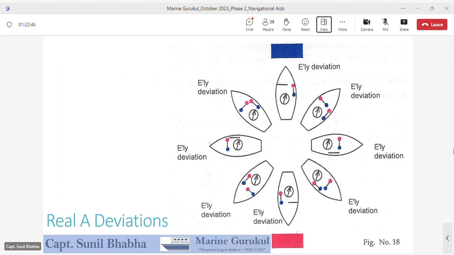Let us now try to understand the deviation generated on 090 heading. We take the ship on 090 heading and try to understand what deviation is generated. Now you see when the ship is heading 090, the fore and aft longitudinal is heading in the east-west direction and it is now perpendicular to the Earth's magnetic field.